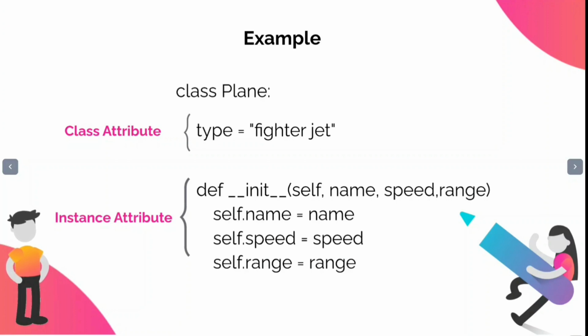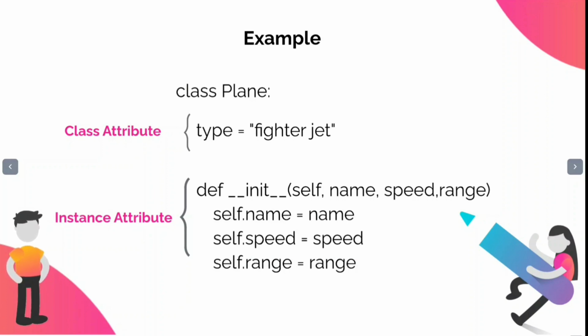Now that we have understood what a class is, let's see how we can implement them in a program. Here we have a class plane which has the class attribute type with value fighter jet. Next, we have defined a function in it which has 4 arguments: self, name, speed, and range.